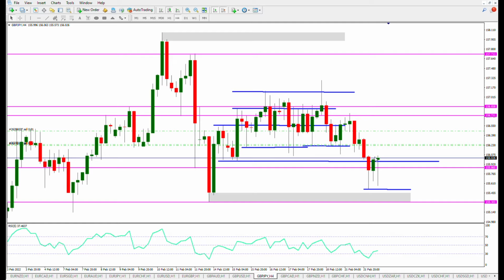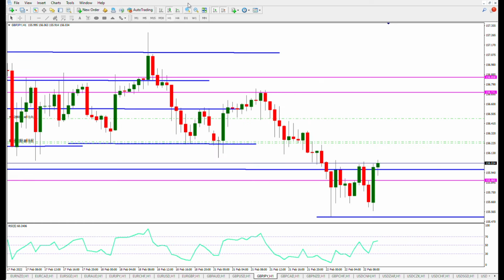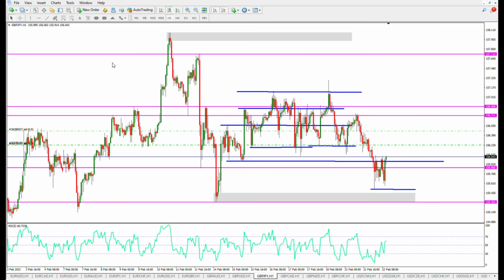Now it's becoming resistance, as well as this one over here for the H1, which was based off the H4 support right over here. So that's that. I wanted to give you the current feedback.